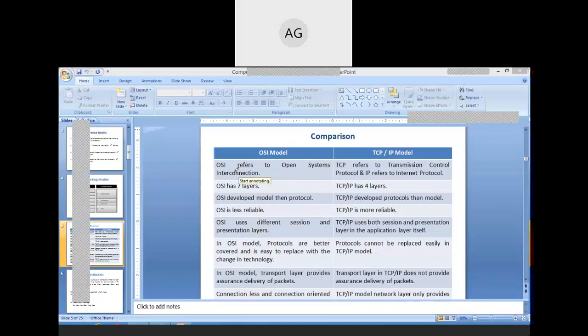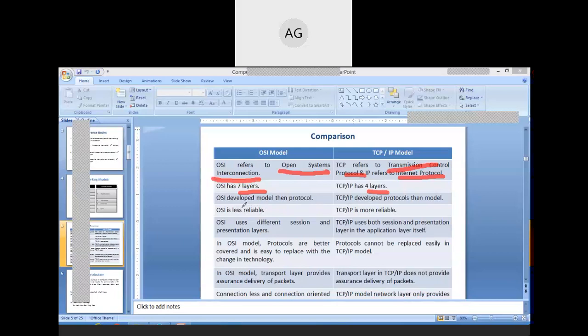First, OSI refers to Open System Interconnection, which is the full form of OSI, whereas TCP refers to the Transmission Control Protocol and IP refers to the Internet Protocol in the TCP/IP model. The second difference is OSI has 7 layers, whereas TCP/IP has 4 layers, which we already studied.